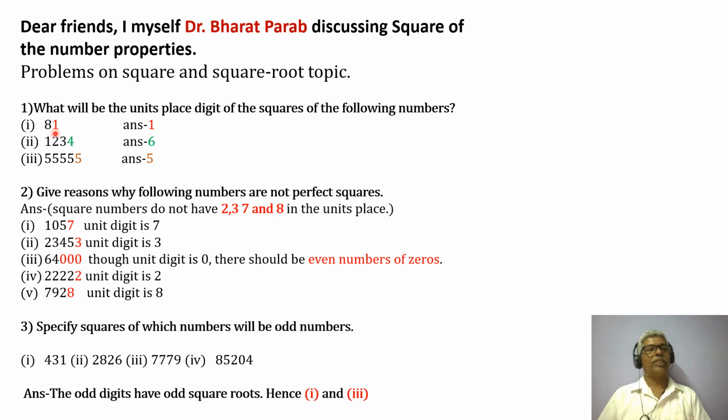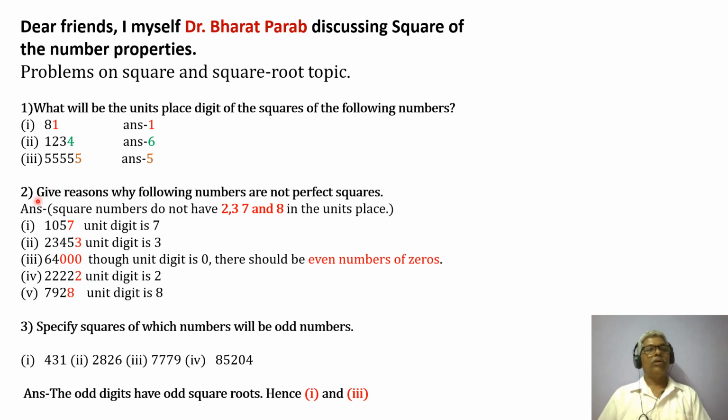You can go and refer to the previous video, and you will come to know why it should be 1. If the unit place is 1, the square will also have 1. Then for a number whose last digit is 4, the square will have 6 as the last digit or unit place digit. And if it has 5 in the unit place, then the square will also have 5 in the unit place.